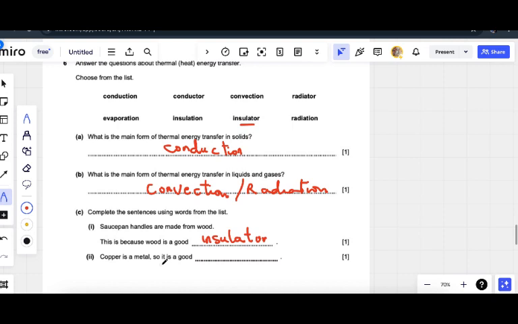Copper is a metal, so it's a good conductor. So for copper, it is conductor, this one. Remember, we've used this. So we say copper is a metal, so it's a good conductor.